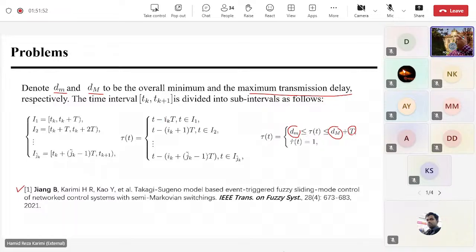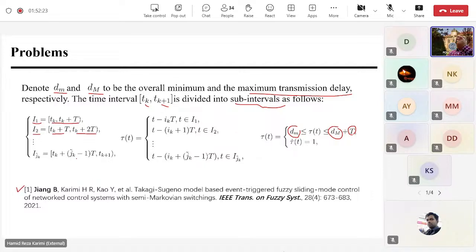So what does it mean? It means that for the time interval from tk to the next sampling time tk plus 1, we divide it into sub-intervals based on the parameter t. Now you can see that the interval I1 is from tk to tk plus 3, and I2 is from this sampling time to this time. In this case, you can divide it into several subsystems.